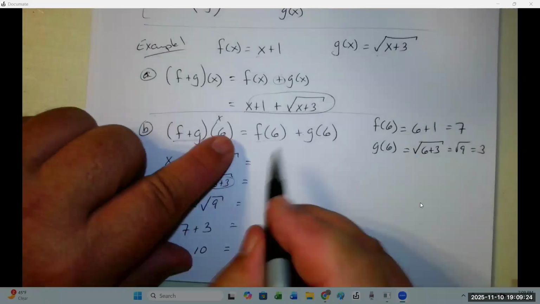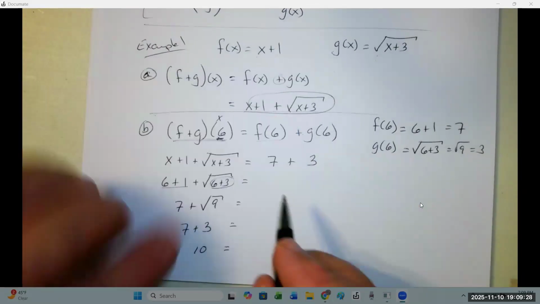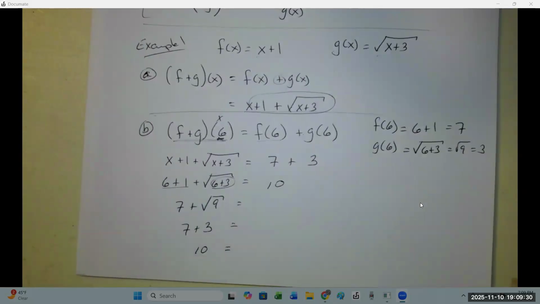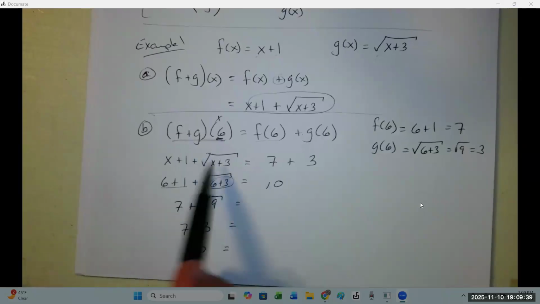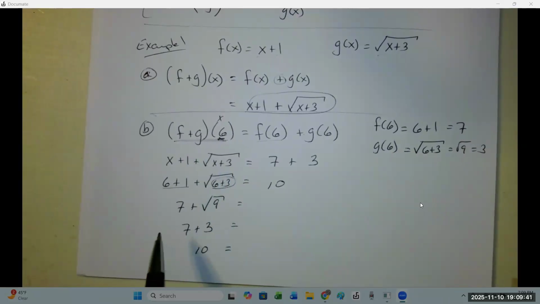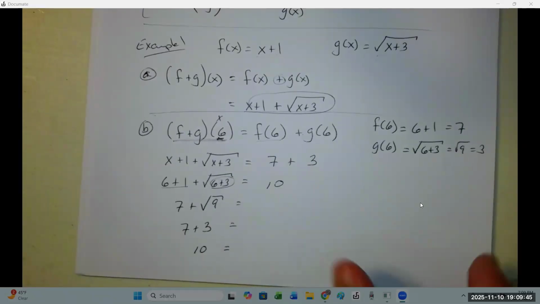So f of 6 is 7. g of 6 is 3. And together they equal 10. That's the beauty of it, you can use either one you want to. Sometimes it may be easier combining like terms because it may shrink it, but other times it's just take the values, then plug them in there.